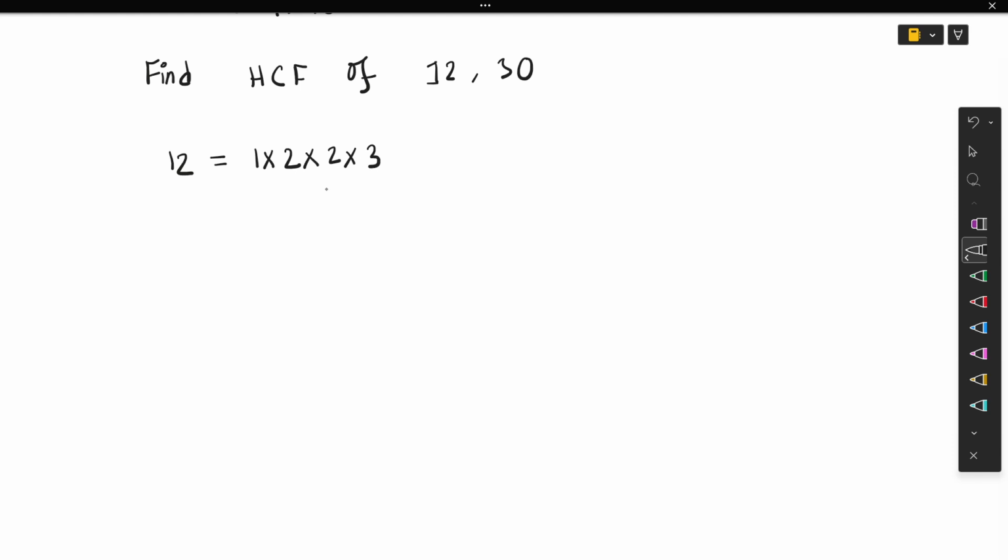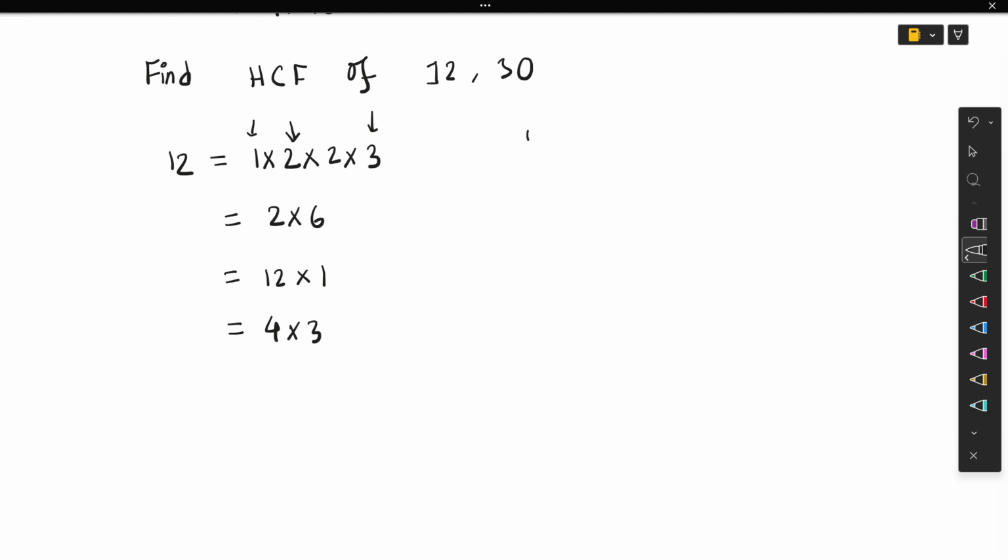You will get 12. You cannot break further. Therefore these are the prime factors. So here prime factors are 2, 3, and 1. You can also write it like 2 times 6, you can also write it as 12 times 1, and you can also write it as 4 times 3.